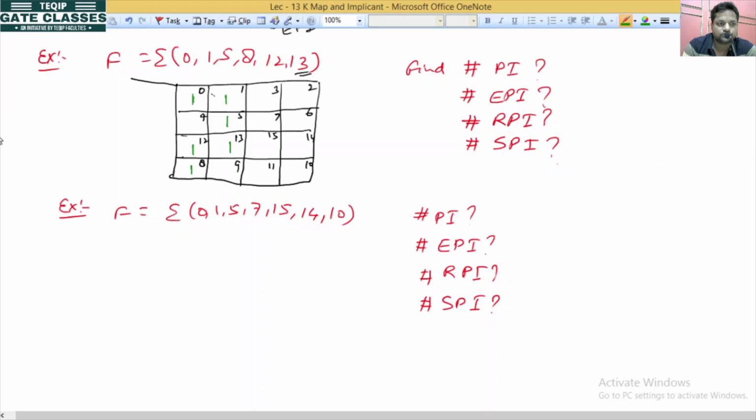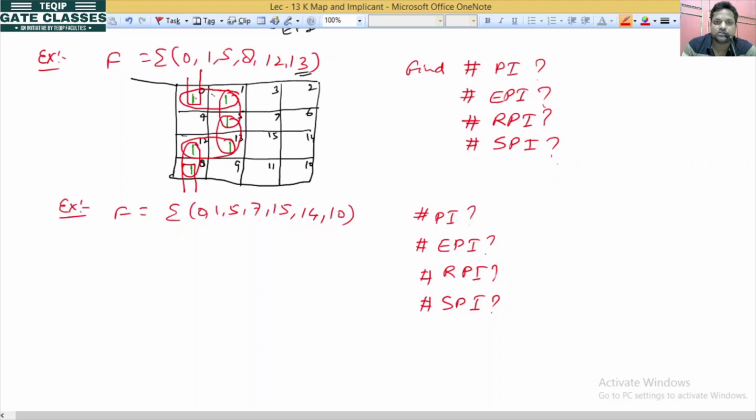This is one group, this is again one group, this is again one group, this one is again one group, and this one with this one, because top to bottom grouping is also possible.